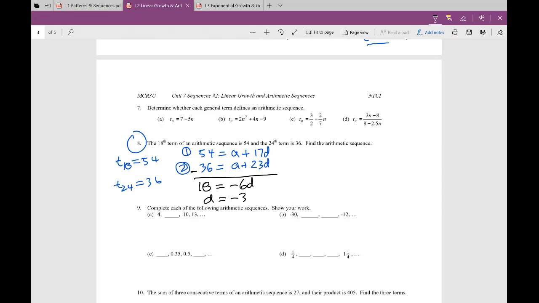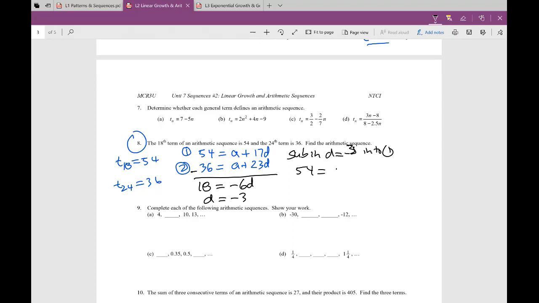And that kind of makes sense. The 18th term was 54, and then further in the list, the 24th term was 36. It seems to be declining. So find the arithmetic sequence. We now want to know what's the first term. Well, it's really easy. Sub in d equals negative 3 into the first equation.